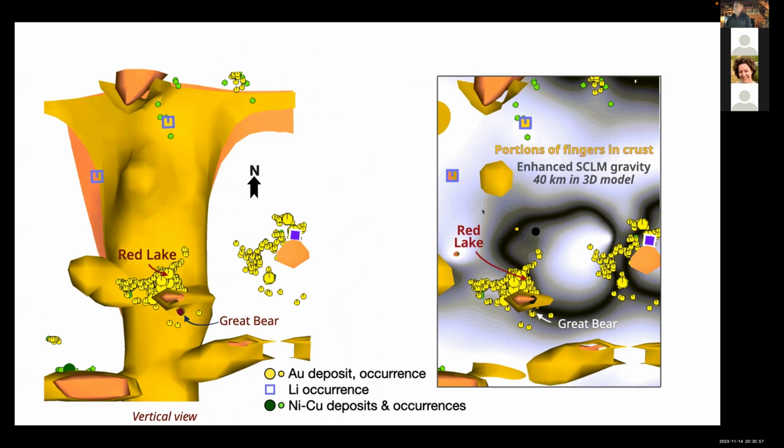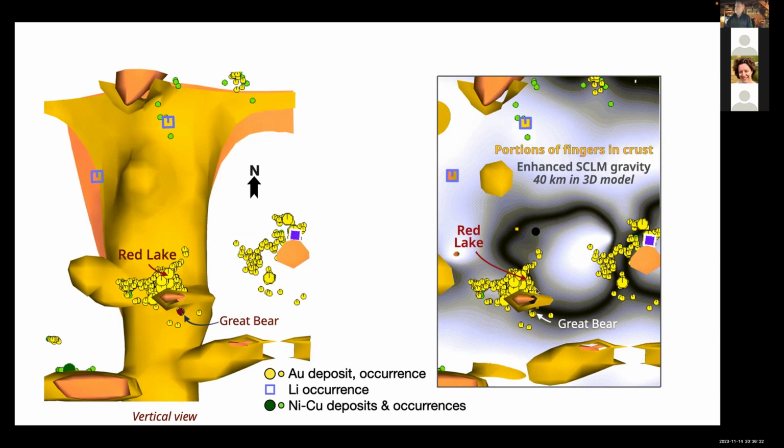So when I superimpose a gravity image, taken from satellite gravity data for the uppermost mantle, and put that in the 3D model at 40 kilometers, we see these irregular domains in the upper mantle are also important in localizing not only where these MT fingers penetrate, but also the mineralization on their margins.